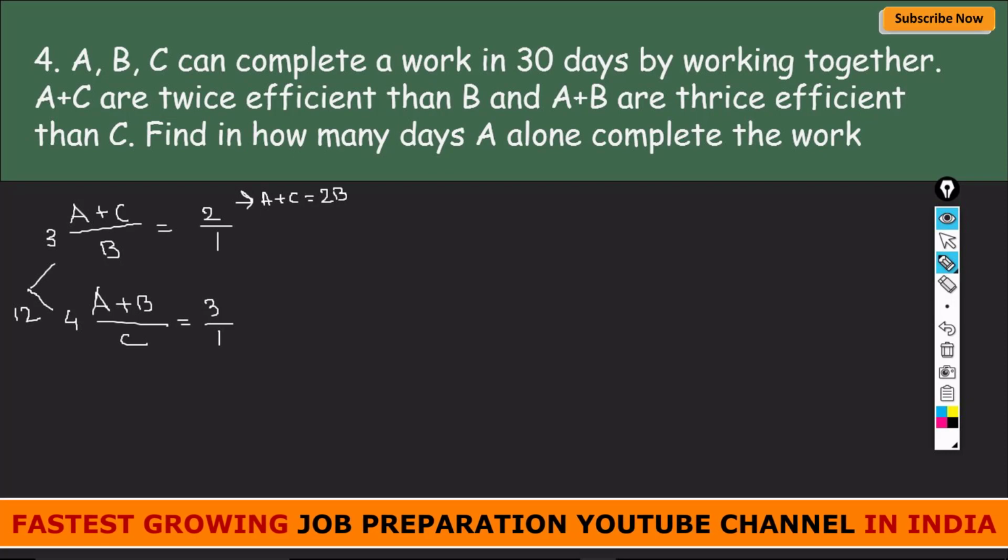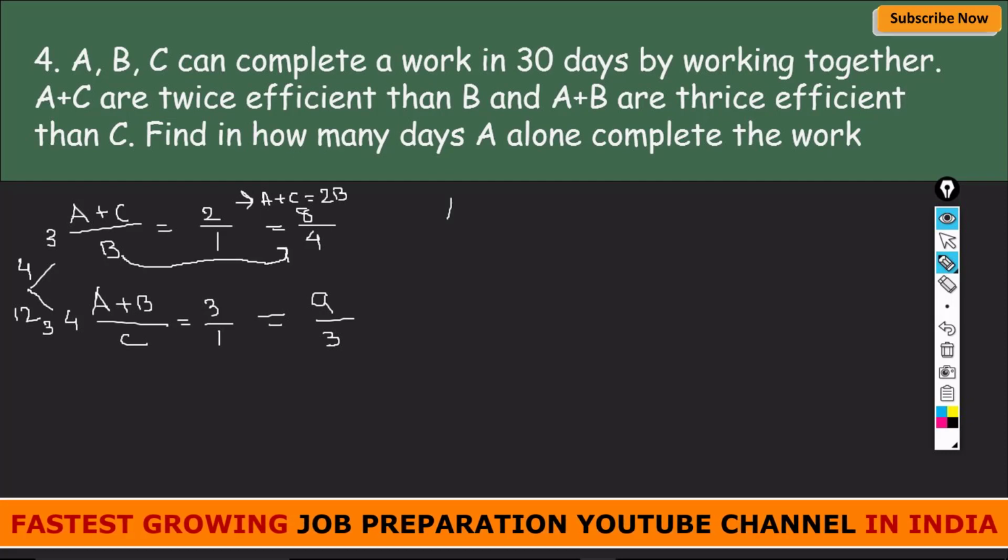If you divide 12 by 3, you get 4 here, and here you will get 3. So here we get 4 into 2 is 8, 4 into 1 is 4. Now multiply 3 into 3, that is 9, and 3 into 1 is 3. So the value of B we get is 4.